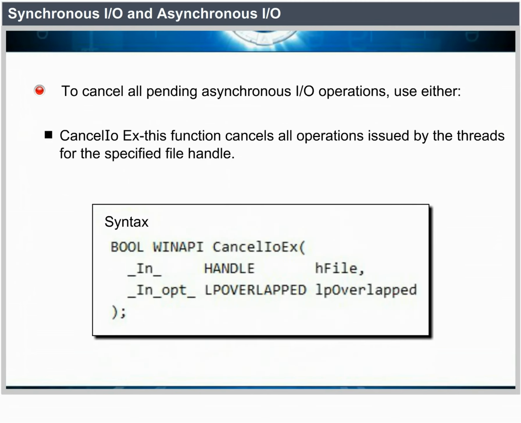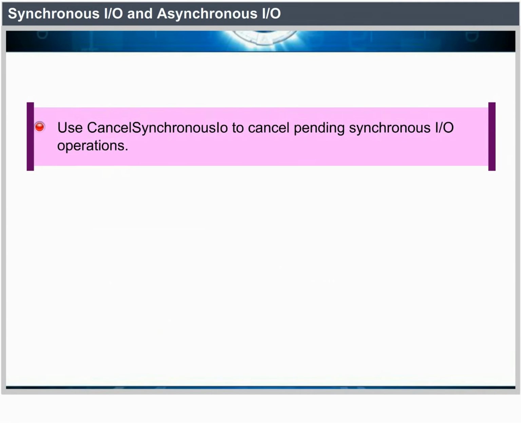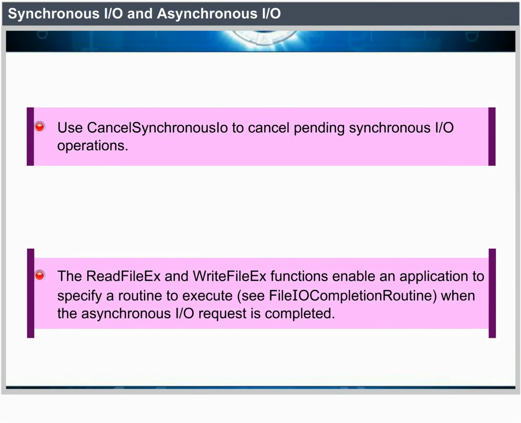Use CancelSynchronousIo to cancel pending synchronous input-output operations. The ReadFileEx and WriteFileEx functions enable an application to specify a routine to execute, the FileIOCompletionRoutine, when the asynchronous input-output request is completed.